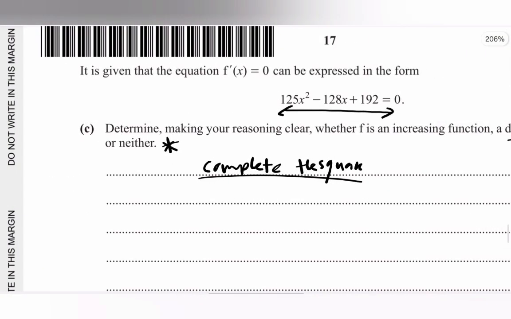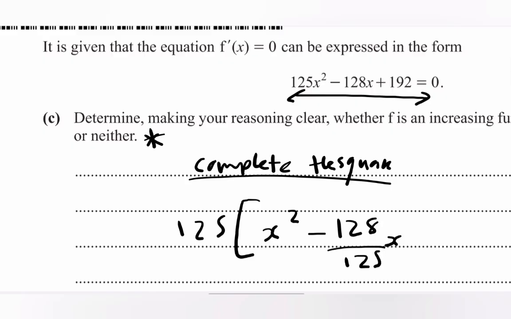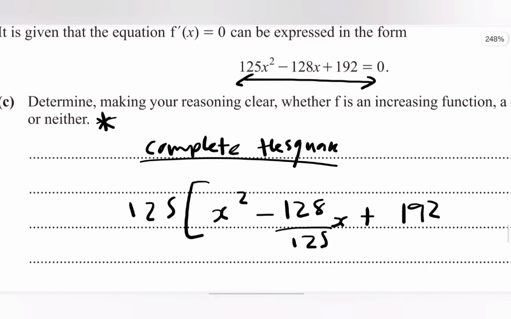and completing the square there, we start off by factoring out 125. So we get x squared minus 128 over 125 x plus 192 over 125, like that.